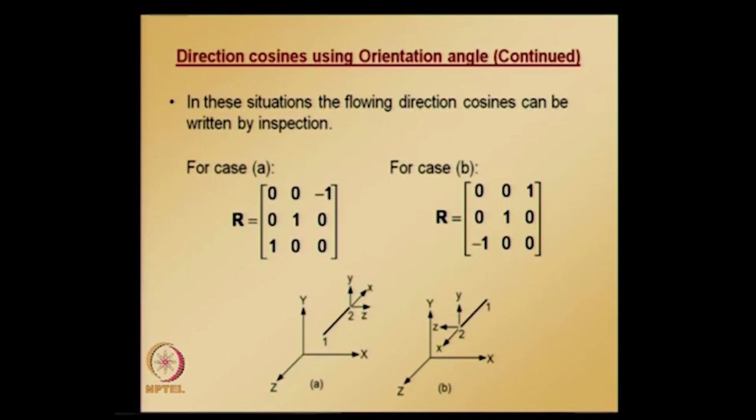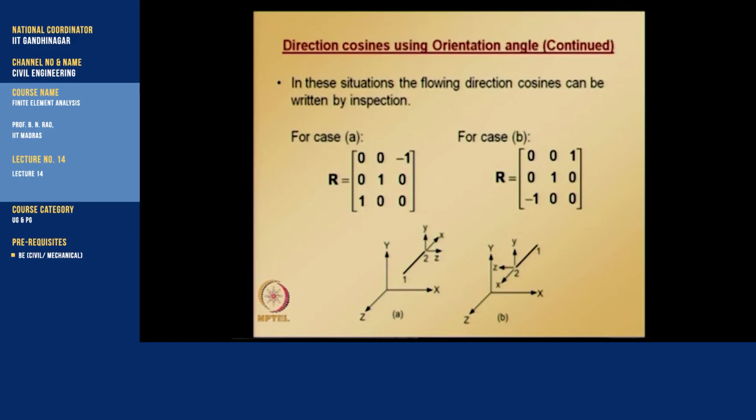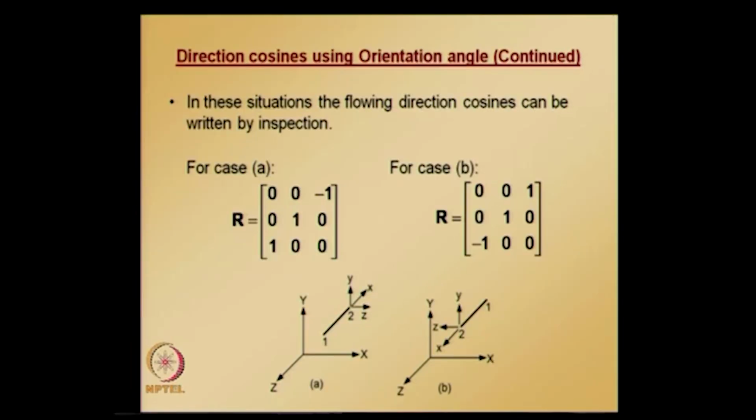So, for case A you can do that kind of inspection and write the rotation matrix, and it turns out that the rotation matrix for a vector oriented as shown in figure A is given by the rotation matrix on the slide under case A. Similarly, if the space frame element is oriented in the way shown in figure B, the rotation matrix can be obtained by inspection, and it looks like what is shown in the slide under case B. Okay.